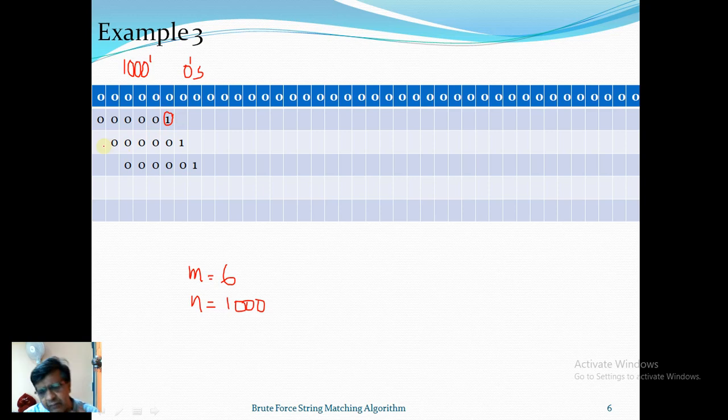So in every iteration, 6 comparisons will take place, but nowhere is the pattern found. So this case presents a worst case of input for the string matching algorithm.